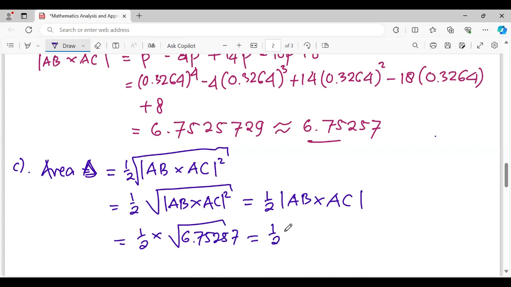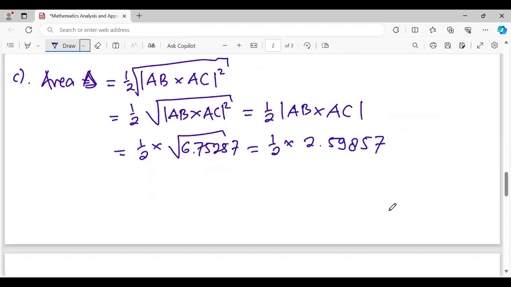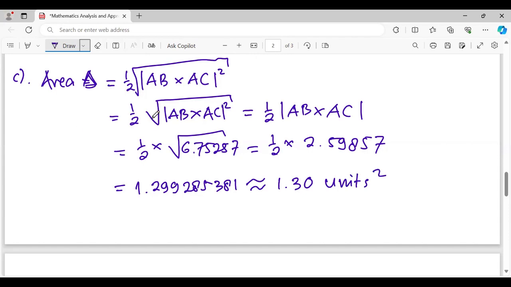Half times that square root is 2.59857, so it is 1.299285381, which approximately becomes 1.30 units squared because it is area.